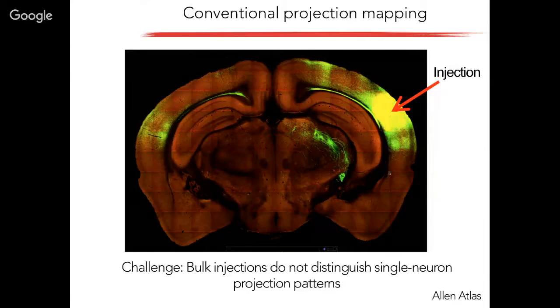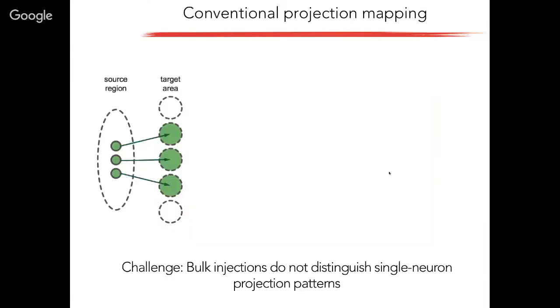The challenge is that bulk injections don't distinguish single neuron projection patterns, and that's illustrated here. So on the left, you see an injection site. Those 3 circles are 3 neurons, and it could be that if you see green in the 3 target areas shown here, it would reflect the fact that neuron 1 projects exclusively to area 1, neuron 2 to area 2, and neuron 3 to area 3.